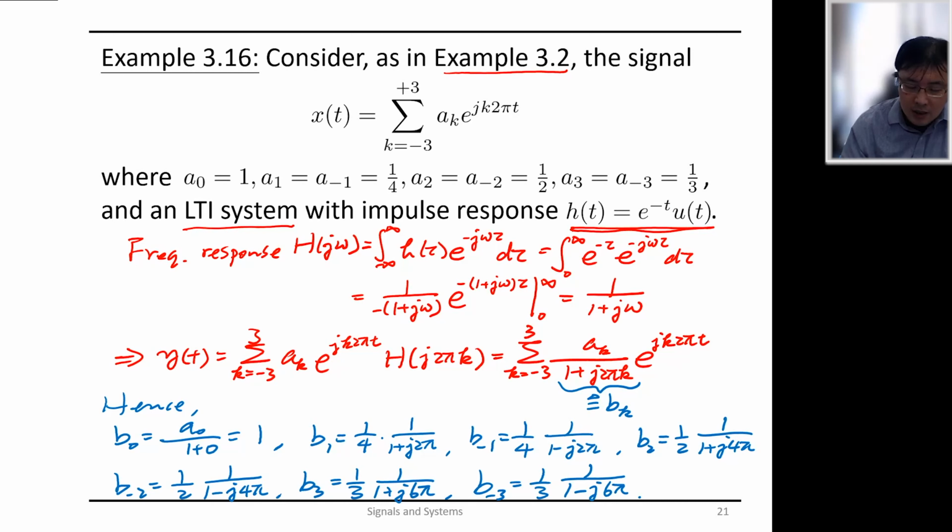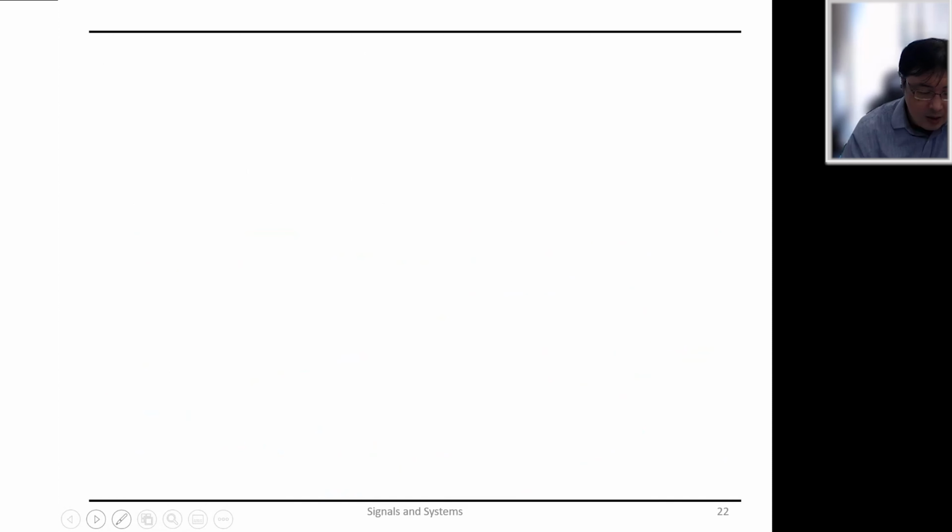Now, if you look at this, you will see that b1 is the complex conjugate of b minus 1. b2 is the complex conjugate of b minus 2, and same for b3 and b minus 3. So notice that b_k is equal to the complex conjugate of b minus k for all k.